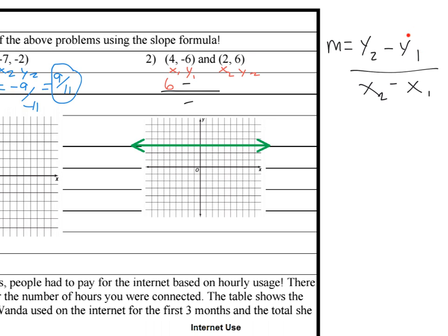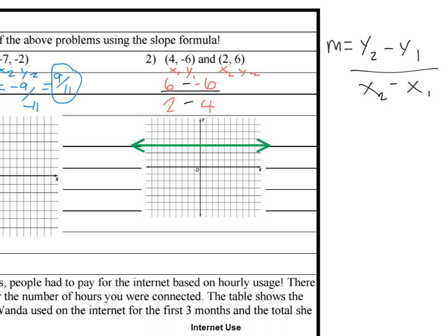Next in our formula is y1, so we look for y1. It's right here, so negative 6 goes here. Even though we had that minus there for the subtract, we still have to write negative 6 because that's what the number was. Next is x2. So I look for x2, that's right here, so I'm going to put 2 here. Last, we look for x1, that is right here, so we're going to put 4 here.